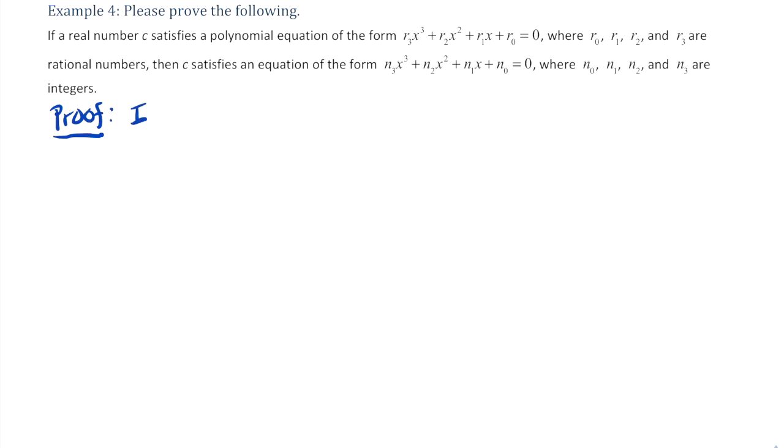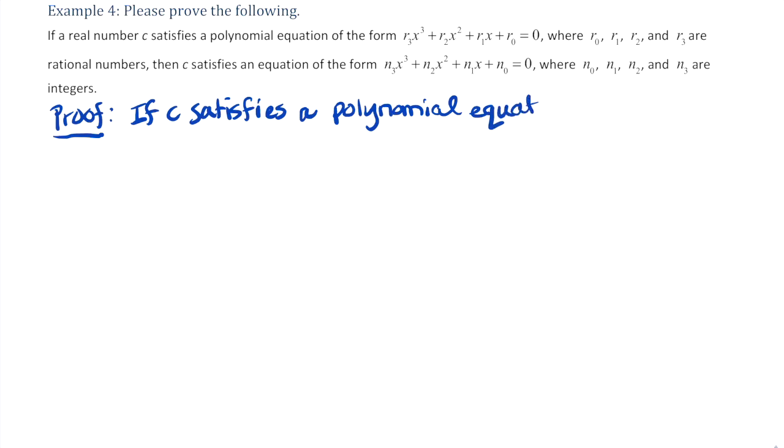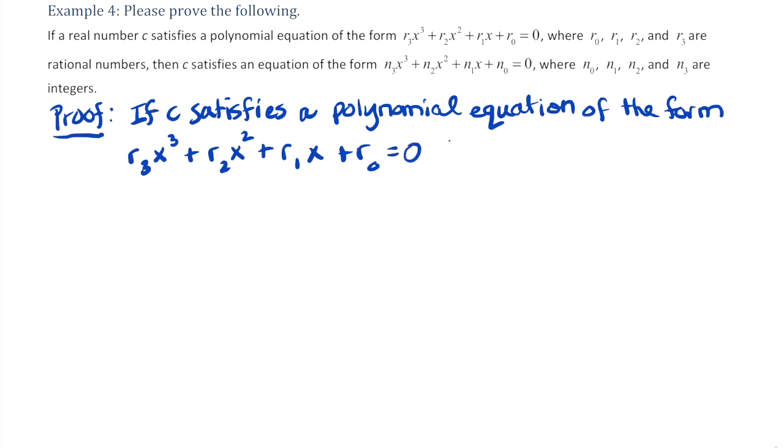And just one thing, if c satisfies the polynomial equation of the form r3x cubed plus r2x squared plus r1x plus r0 equal to 0, then it follows that, well, if you've got something that satisfies an equation, it means that that something can go in for x.